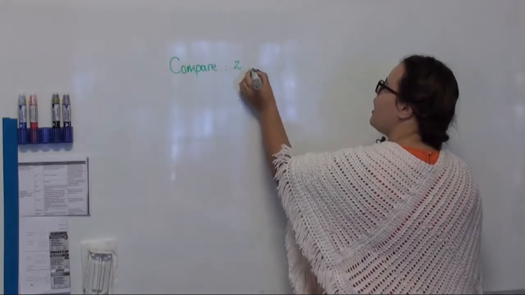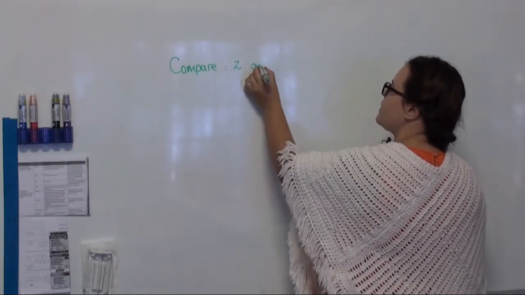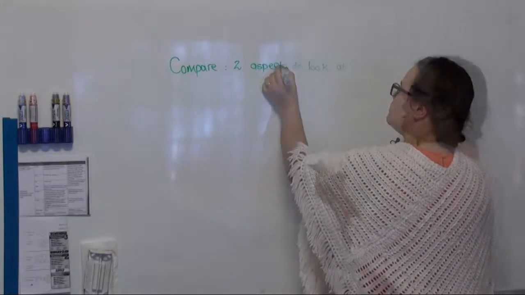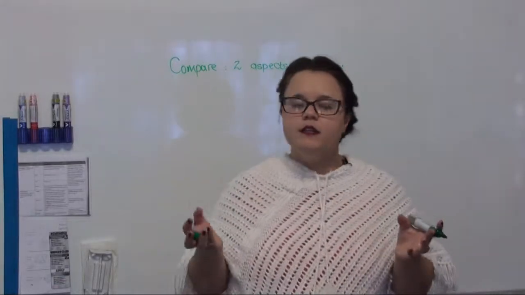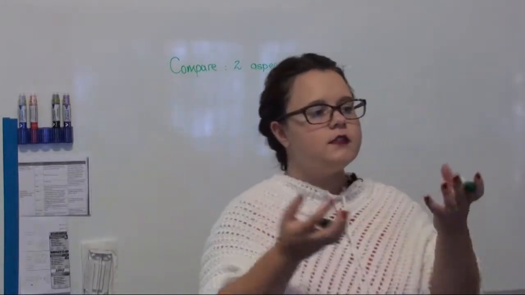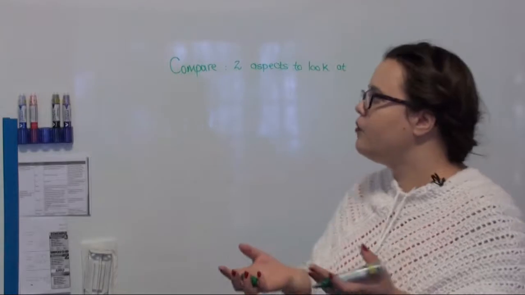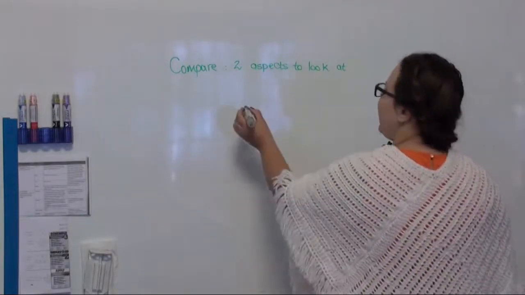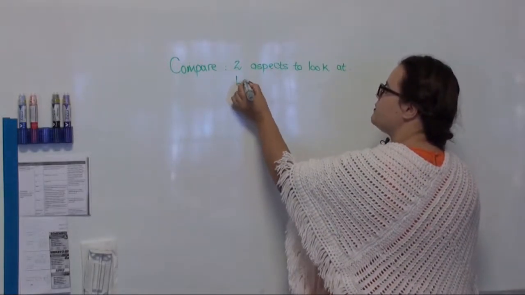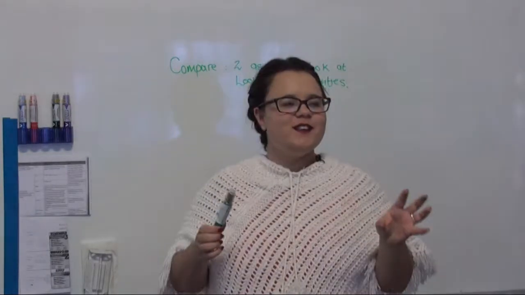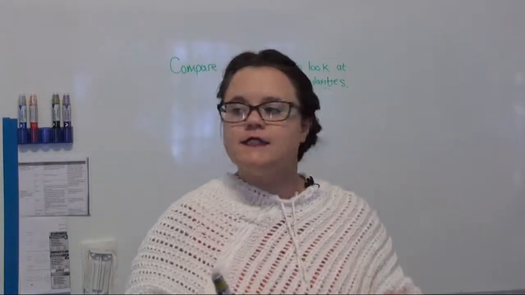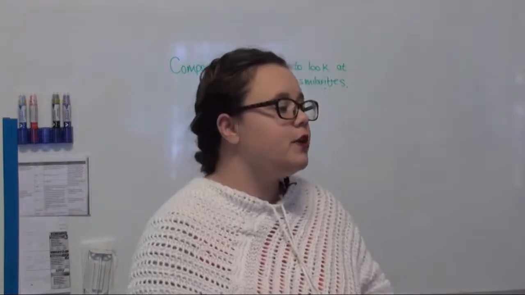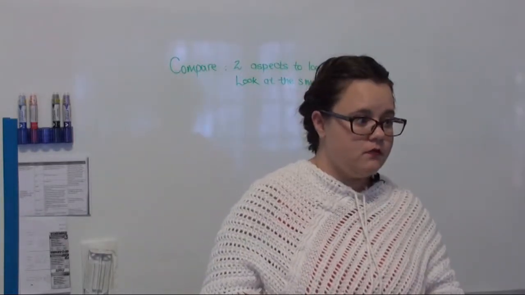So what is required is that you have two aspects to look at, and then you are providing a list or a meaning, a paragraph, where you are looking at the similarities between these. So when you are looking at the similarities of two things, that is when you are comparing it.